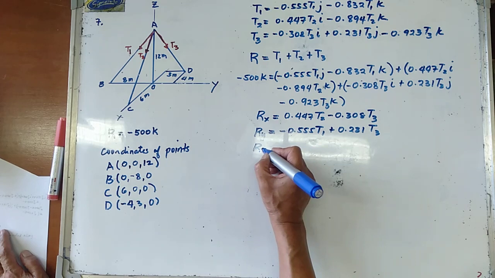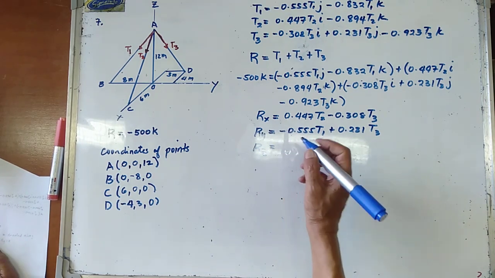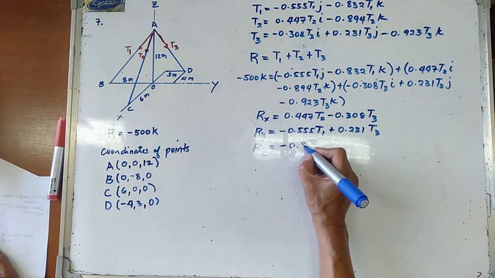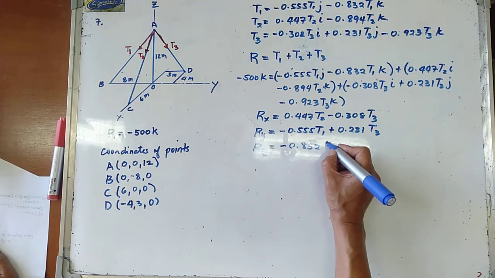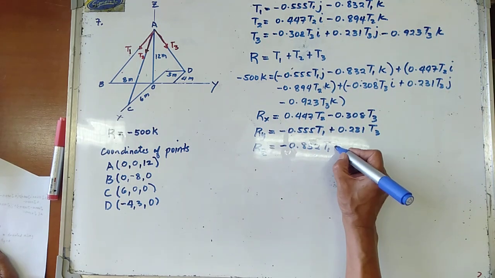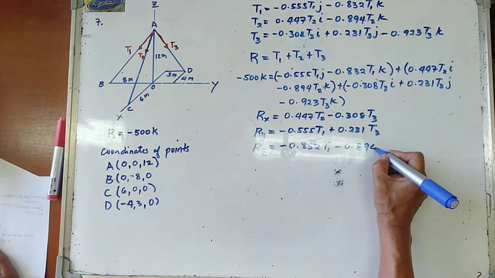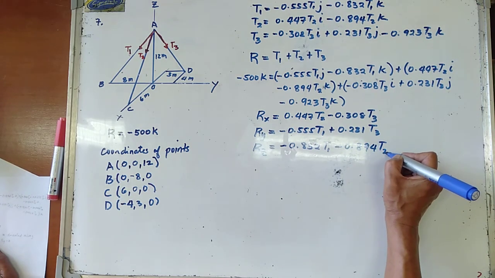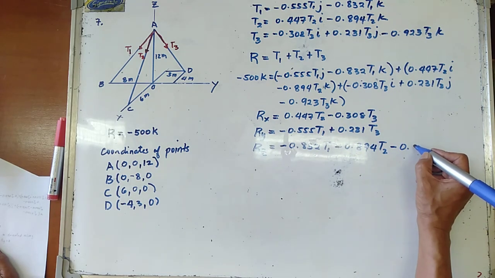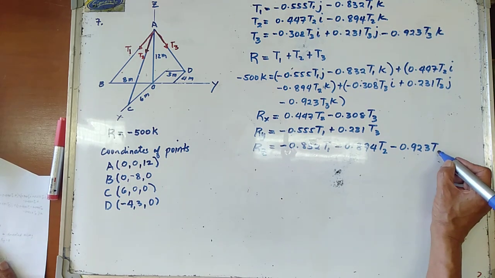And your Rz is now equal to, okay, so we now have k, negative 0.832 T sub 1, and then minus 0.894 T sub 2, and then minus 0.923 T sub 3.